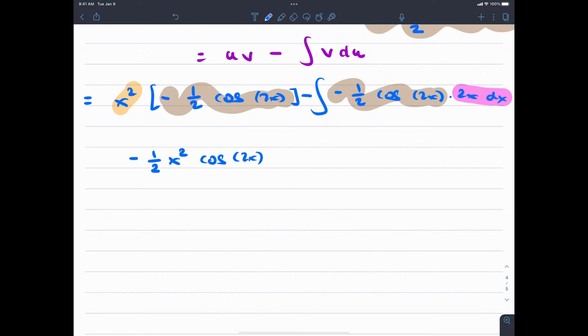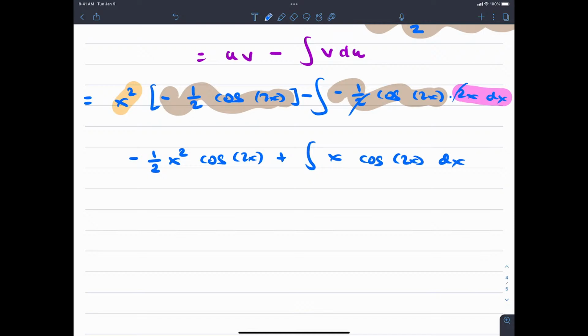Put your constants there. And then this is plus what? Let's be careful here. The 2's cancel, don't they? And then minus the minus makes that a plus. And then you put the x before the cosine 2x dx.